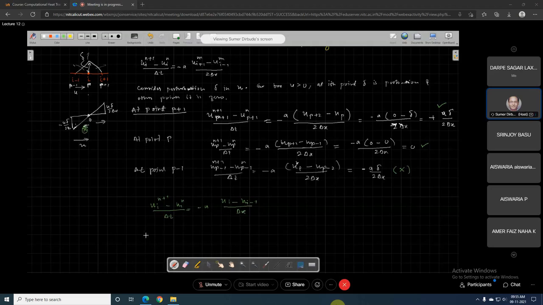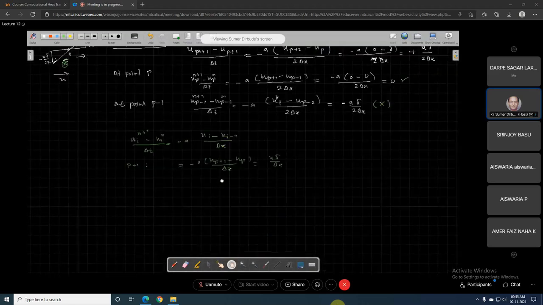Then you see that at p plus 1, this expression gives you a times u_(p+1) minus u_p divided by delta x. So u_(p+1) is 0 minus u_p, over delta x.